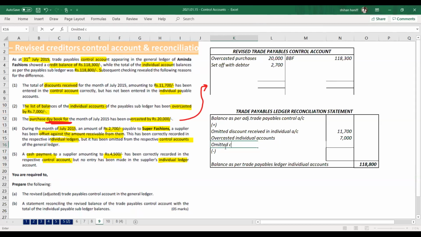Omitted payment on individual account, 4,500.